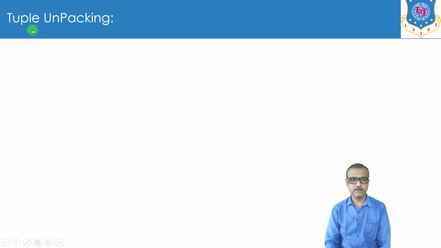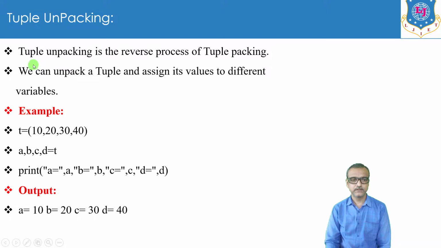Now we will see tuple unpacking. So this is the reverse process of tuple packing. We can unpack a tuple and assign its values to different variables. For example, in tuple T we have these elements, that is 10, 20, 30, 40.